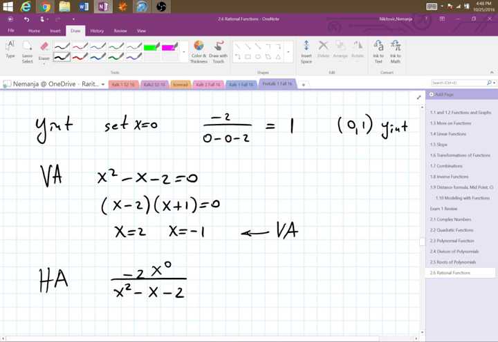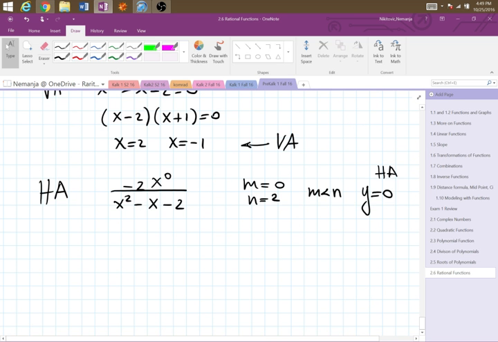Which is x to the 0. So m is equal to 0, n is equal to 2, so m is less than n, which means y equals 0 is the horizontal asymptote. That's usually the confusion, and mainly because you didn't learn the cases. So if you learn this, there should be less confusion on Thursday.